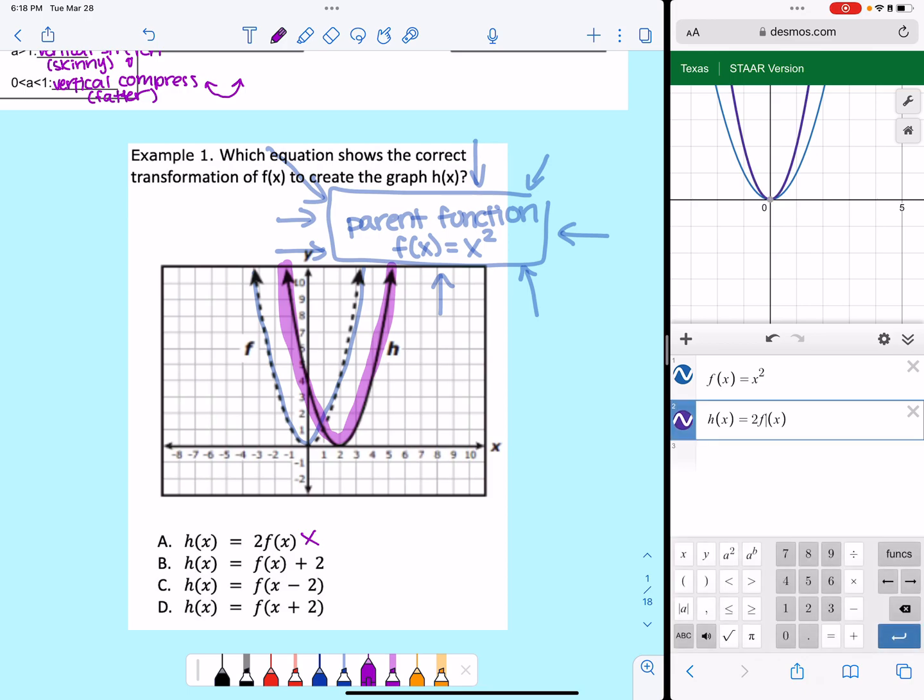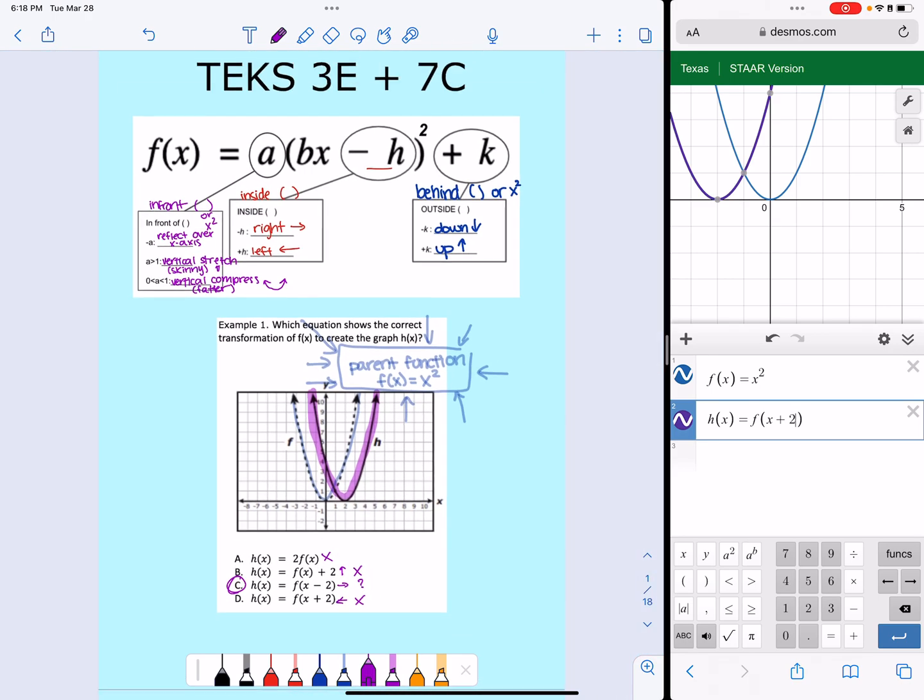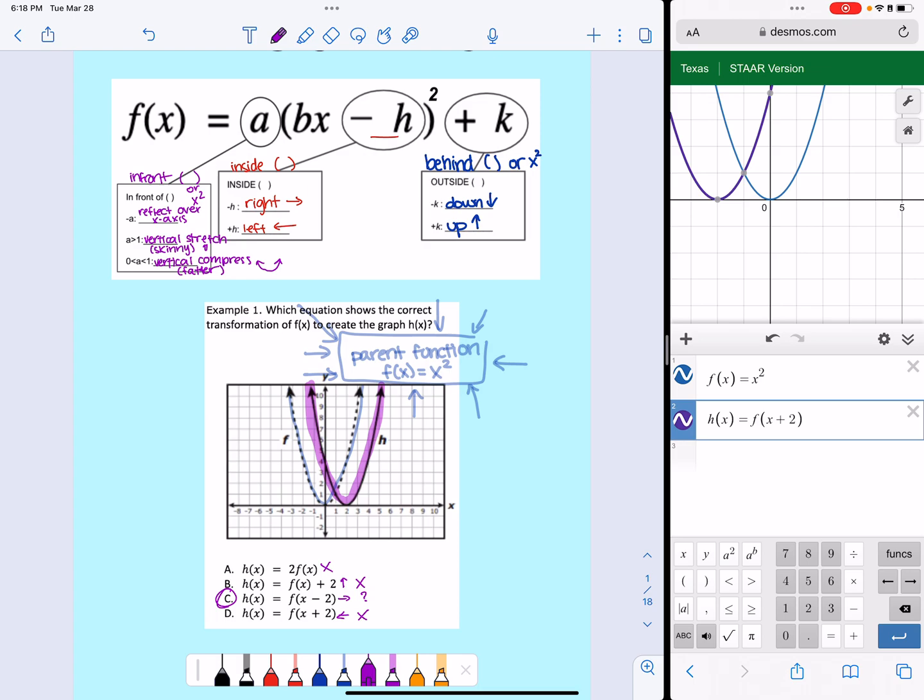Then if we try it again with plus 2, that went up 2. It went up, so that cannot be it. Then if we have minus 2 inside of the parentheses, that did go to the right. So maybe. Then if we change that to plus 2, that went to the left. So no. So our answer would be C. If we wanted to do this with the rules, you would have to have the rules memorized.